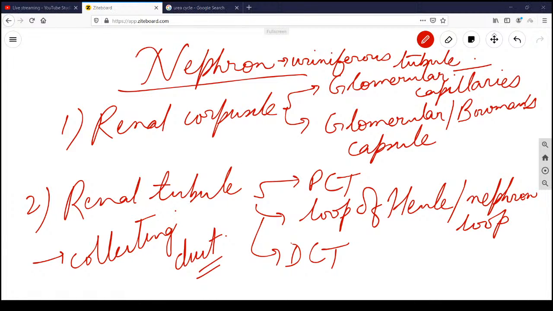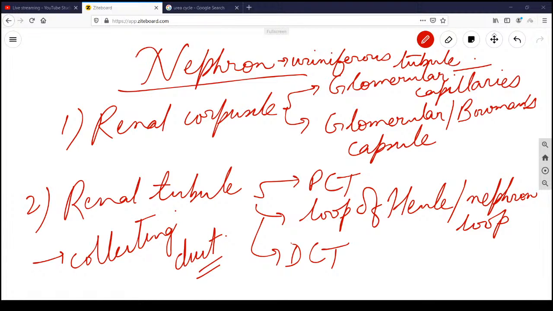So coming to the next question, if excess water passes out from the tissue without being restored by the kidneys, the cells will do what?